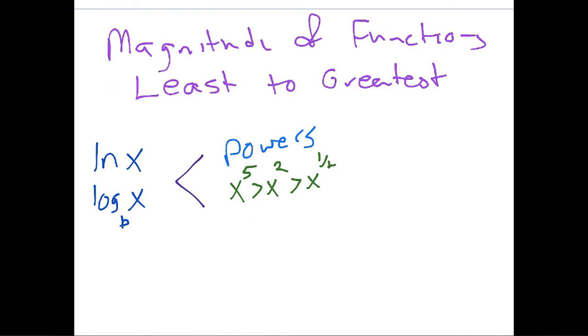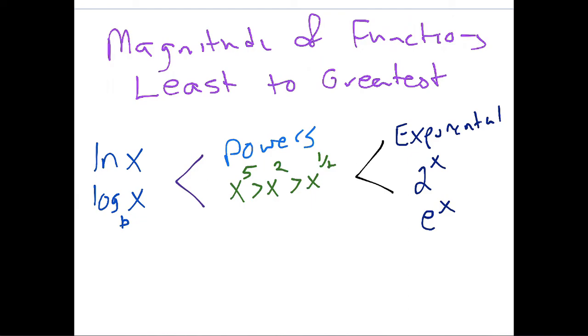And these are less than exponentials. So like 2 to the x power or e to the x power.